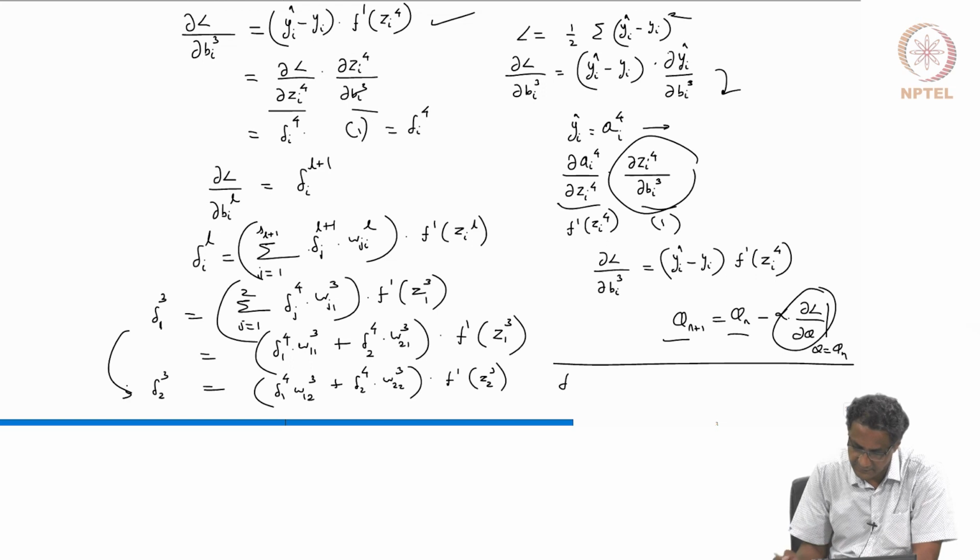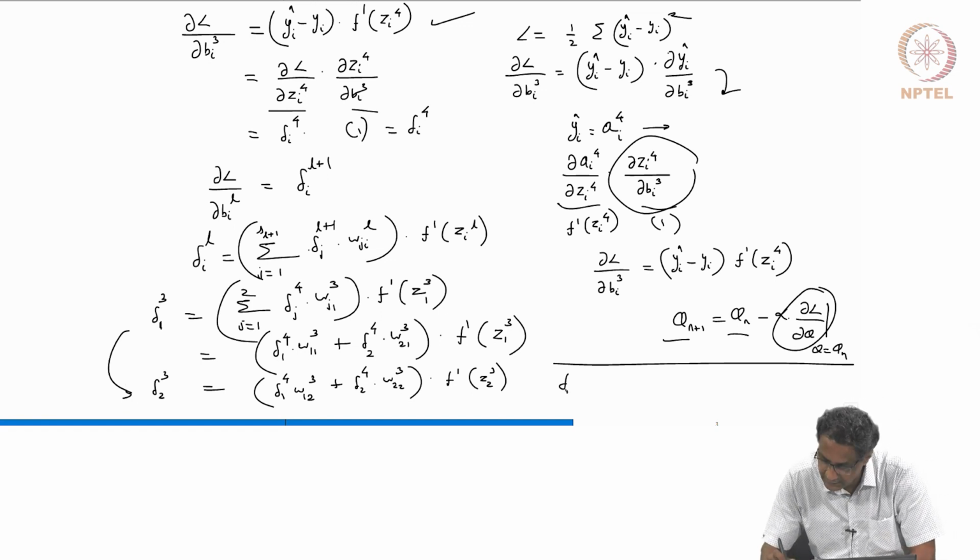Therefore it will become W 1 2 3 and then W 2 2 3, this is okay. And then for delta 3 3, going in the same vein, we will have delta 1 4 and then j is 1 first, W 1 3 3, plus delta 2 4 W 2 3 3, into f dash of z 3 3.